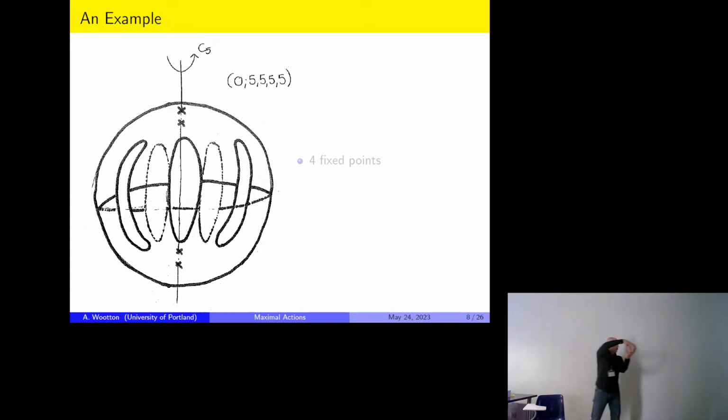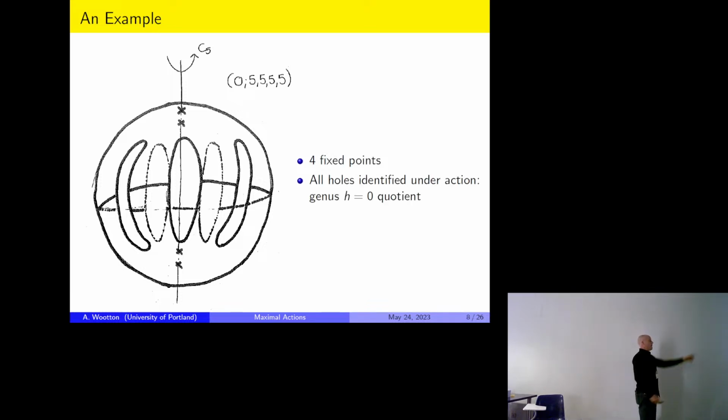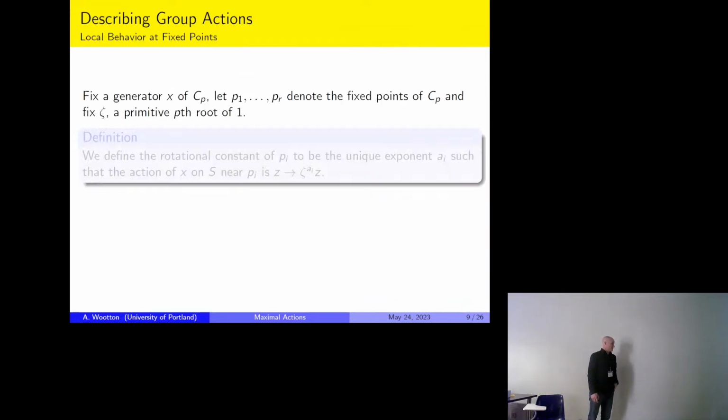Well, the way to think about this is the cyclic 5 action identifies all of these holes. So if I open this out, I'm going to end up with no holes whatsoever, a genus 0 quotient. So in this particular case, the corresponding signature for this action is 0 and then four 5s. That's how we're going to describe actions.